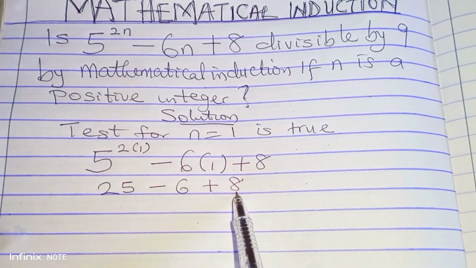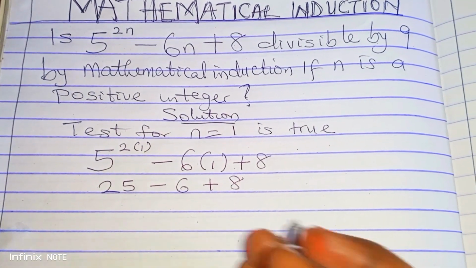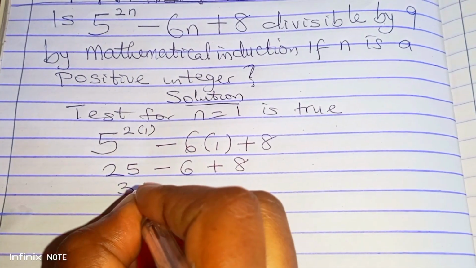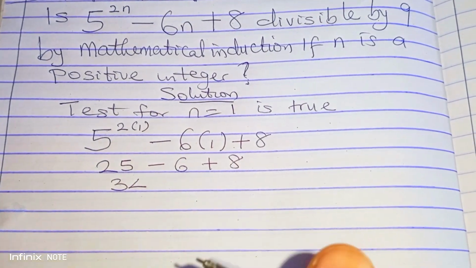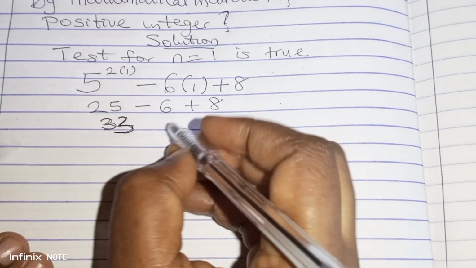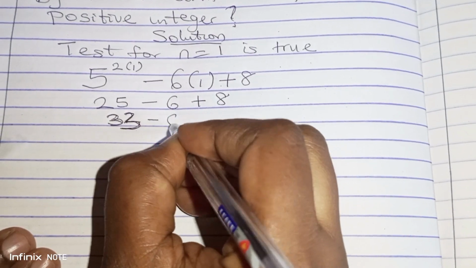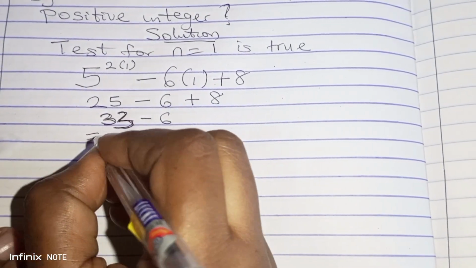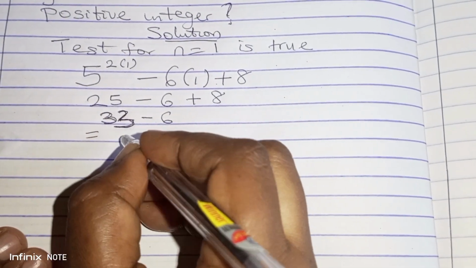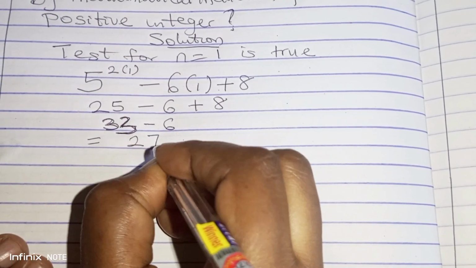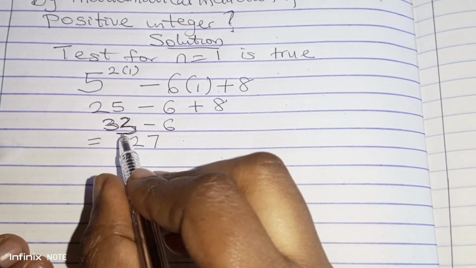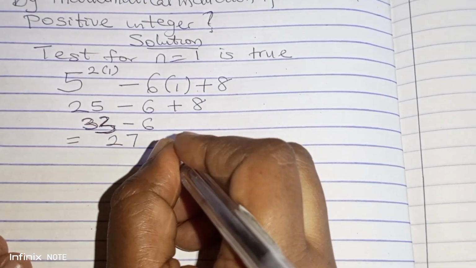25 plus 8, that is what? 33. Minus 6. And that is what? 27. So 33 minus 6 is 27. And 27 is what?